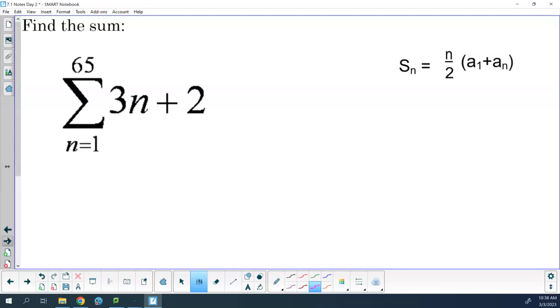Straight up, here's the sigma notation. You find me the sum. Well, what do we need for the sum? We need three things, right? We need the first term, the last one, and the total. Okay. How am I going to find the first one?